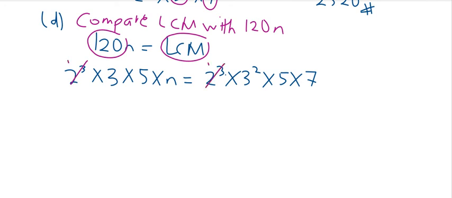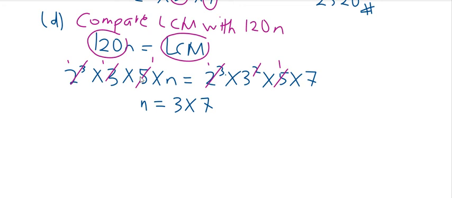So it's basically 1. And then 3 here, and then 3 power 2 here. So when you move 3 over here, it's basically 3 squared divided by 3. So here 3 will be cancelled, but 3 power 2 will become 3 power 1, because 9 divided by 3 is 3. And then lastly 5 will be divided by 5 here. So basically you have n equals 3 times 7.